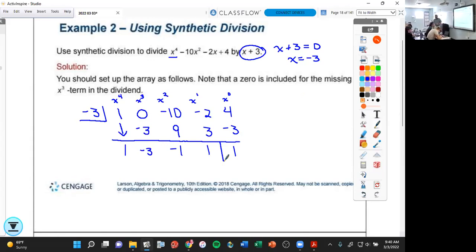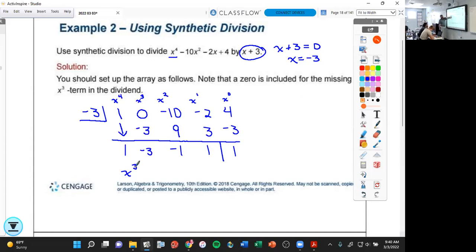Now, I started with a 4th degree polynomial. If I take a 4th degree polynomial and divide it by x, what's it going to become? It's going to become a 3rd degree polynomial. Everything is going to drop by 1 degree. So this was x to the 4th, this is now x cubed.